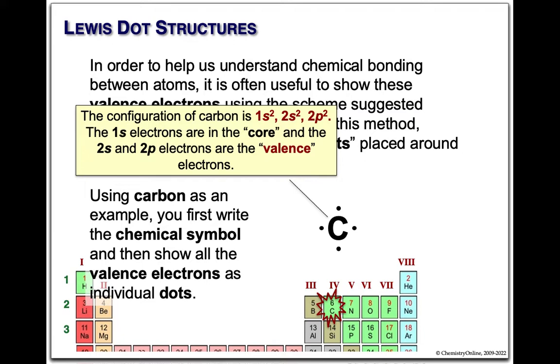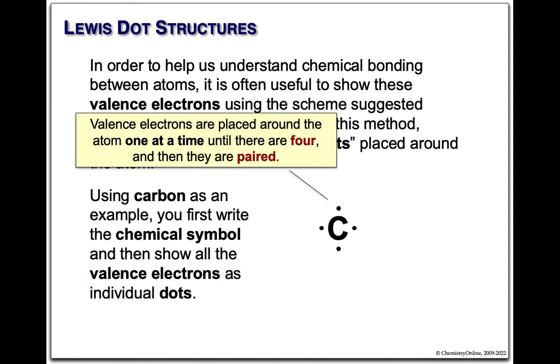Now, if you have more than 4 valence electrons, Lewis said you put 4 in first, and then you start to pair them. Let's look at fluorine. Fluorine is in the second period here, and it's in group 7.